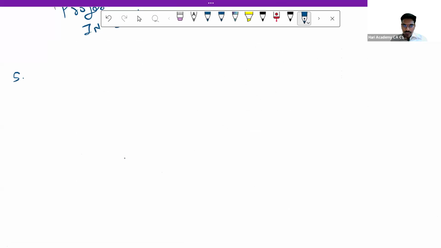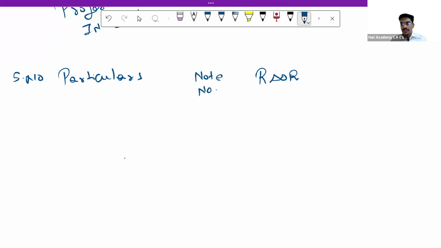You have to put serial number, particulars, and if required, a note number, then resident and ordinary resident, resident but not ordinary resident. You cannot write ROR and RNOR in the exams. For want of time, I'm using that. You have to write it in full.